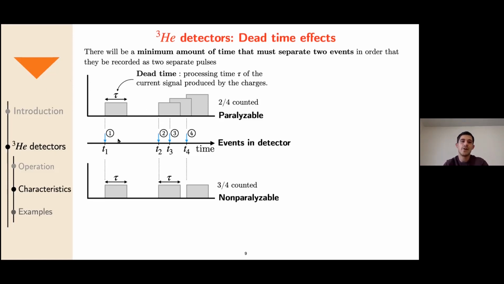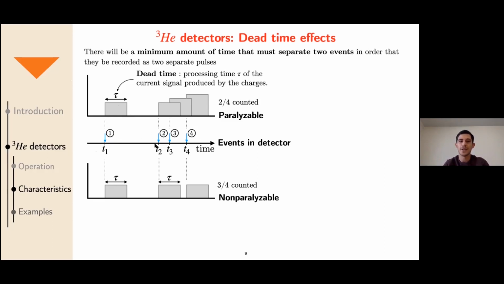So for example, imagine that here are all the events that happen in the detector. So at the time t1, there is a particle which arrives on the detectors, and we will be able to measure it. So there are two types of detectors, parallelizable and non-parallelizable, and I will come back to this later. But for the first neutron, there is no problem. We can measure it.